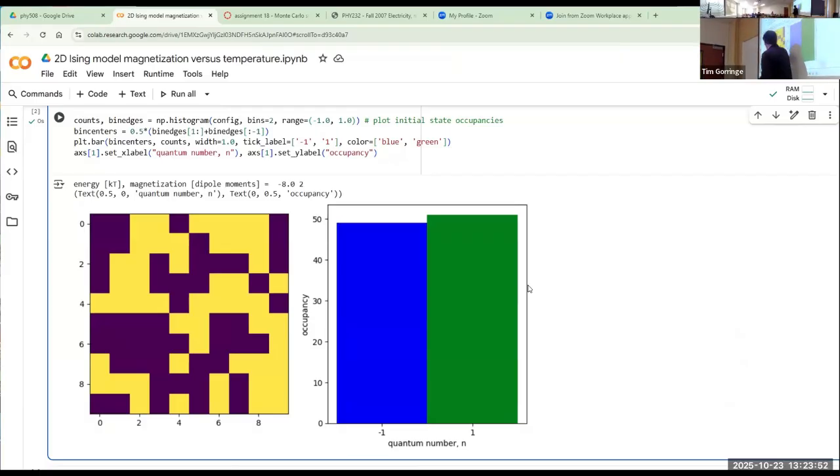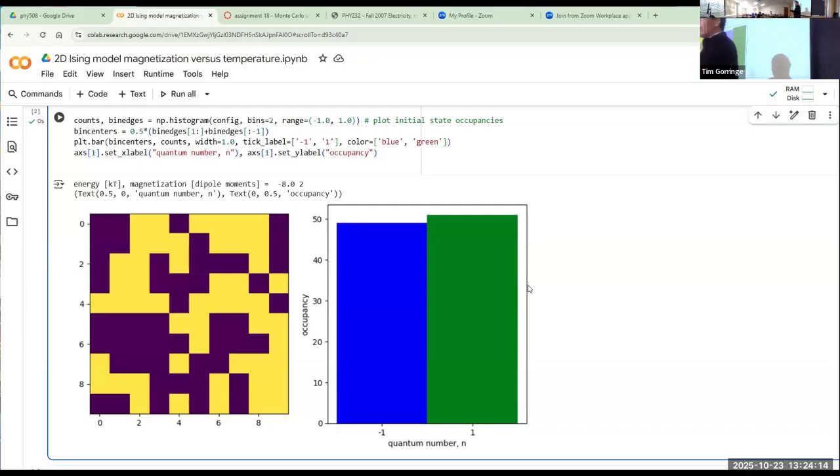And so this is just the randomly generated array of spin ups and spin downs. This is just like we enumerated coin tosses or dice rolls. This is me enumerating how many spin ups and spin downs there are. So the blue is the number of spin downs, and the green is the number of spin ups.